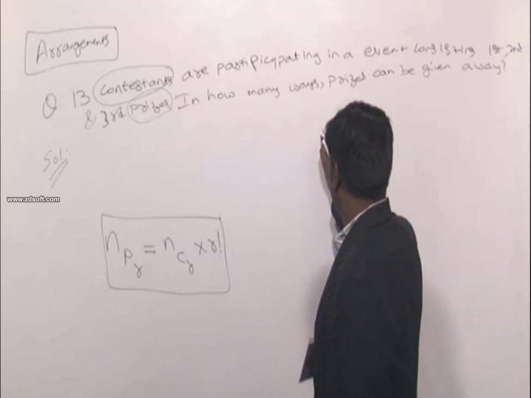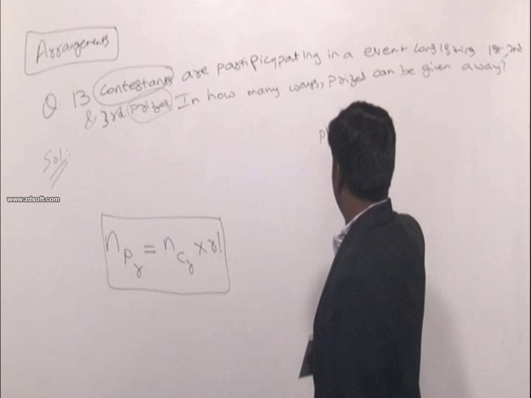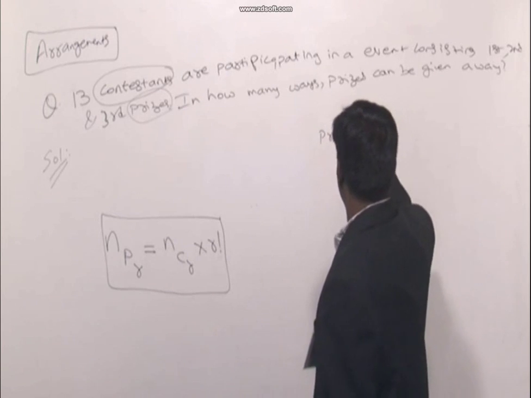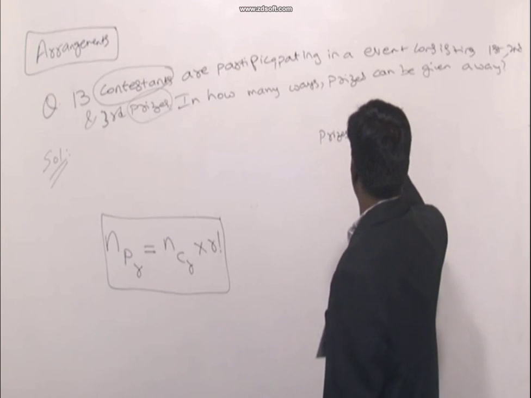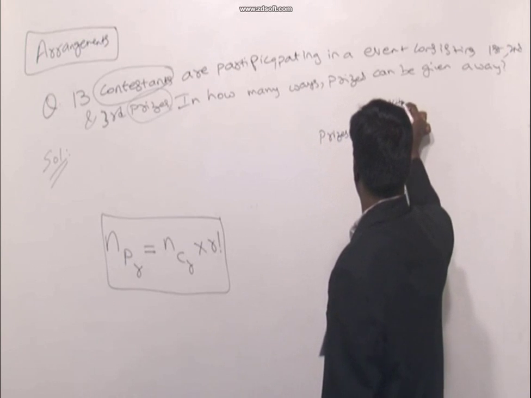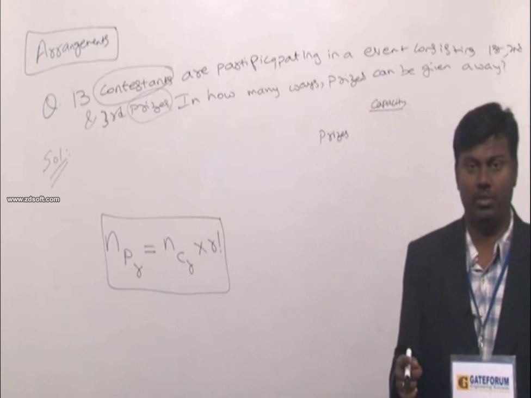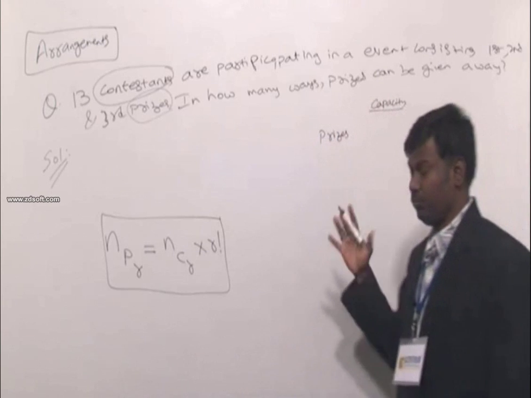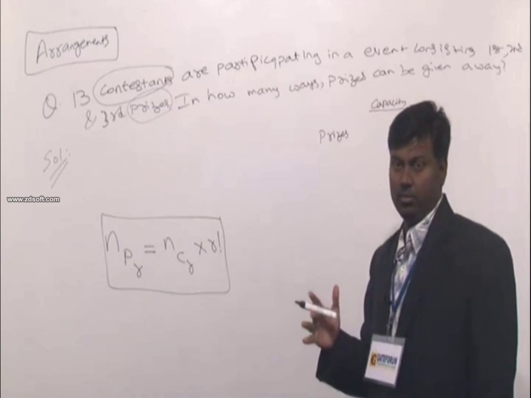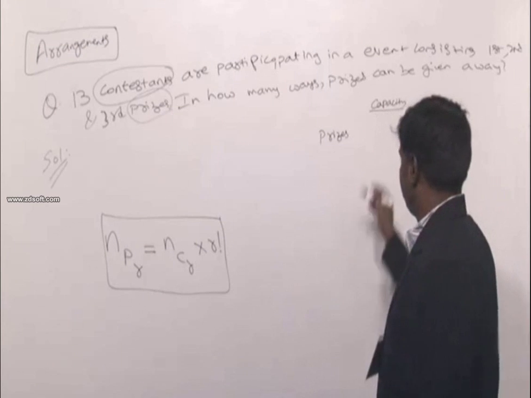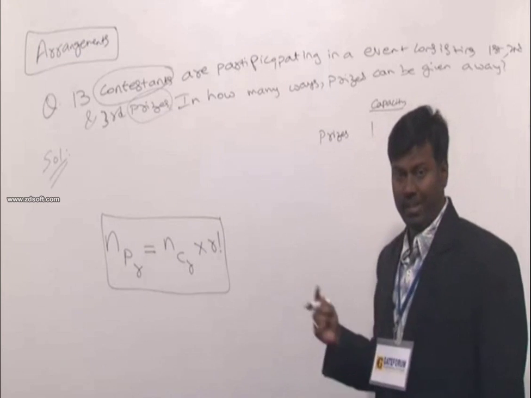For example, prizes, capacity. What is the capacity of each prize? It can go to only one person. Here no other information is given, so we assume that there is no tie. So there is no equal honors. So capacity of one prize is just 1.